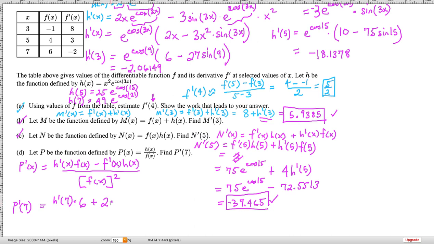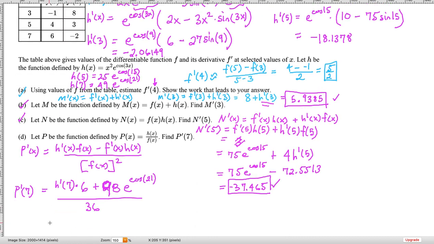And I'm just going to do this. 2 times 49 is 98. I multiplied it by 2, so I got the 98 here. 98 times e to the cosine 21 over f of 7 squared. F of 7 squared is 36.